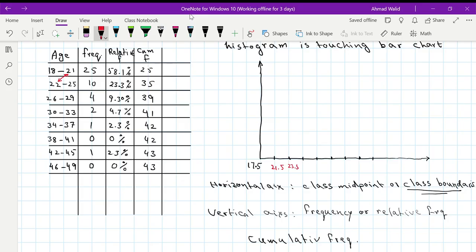Why I know? Because I see here the class width is 3. Correct? I'll just add 3, 3, 3 on the top of like each class. If it's 21, this will be 23. Next one will be 24.5.